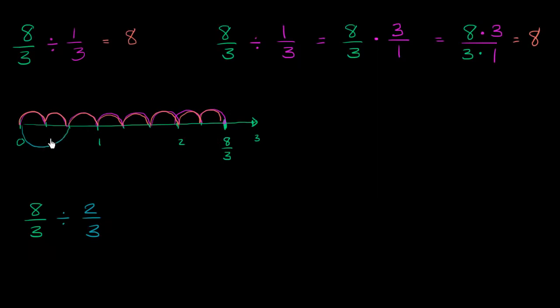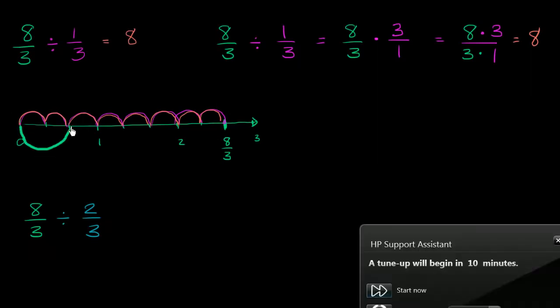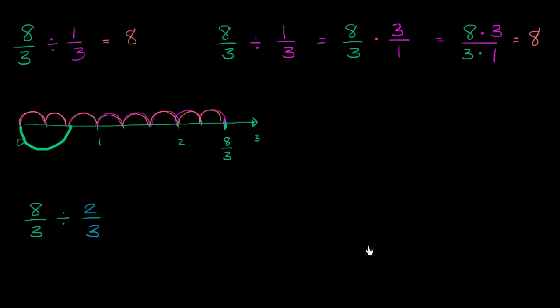We could make 1 jump, 2 jumps, 3 jumps, and 4 jumps. So we see 8/3 divided by 2/3 is equal to 4.